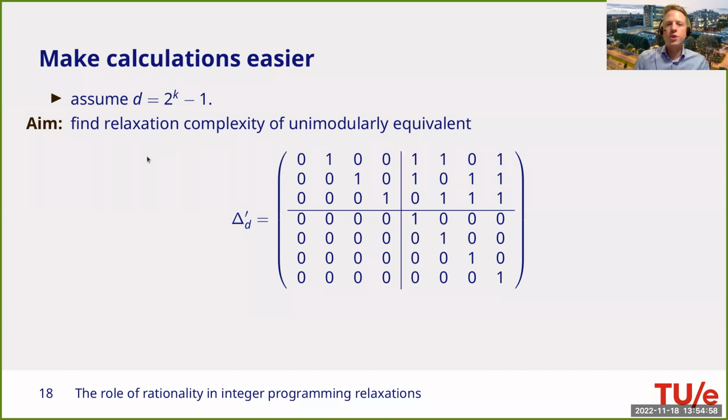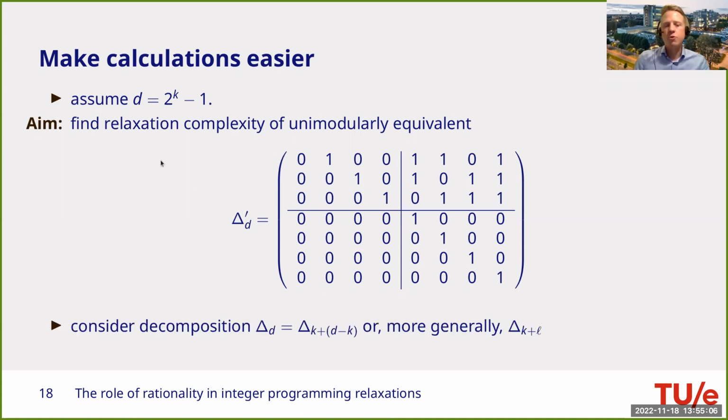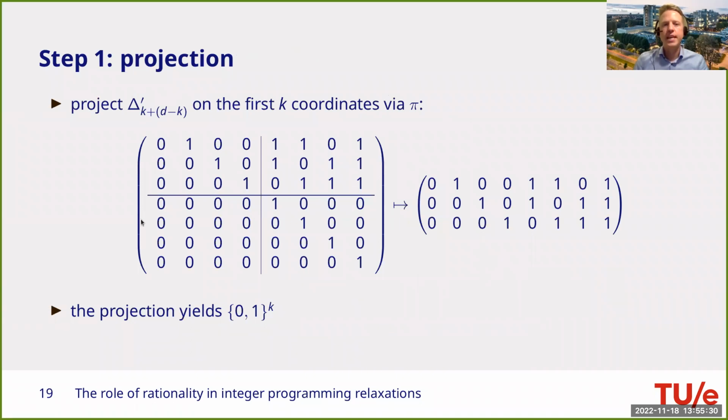The reason why we do so is if we now project the simplex delta d prime onto the first k coordinates, we decompose the simplex essentially in two simplices of different dimensions. And this will be useful in the following. The reason why we use this unimodular transformation is because now we can control the projection of the simplex very easily, because if we now project everything onto the first k coordinates, we get all the different possible binary vectors.